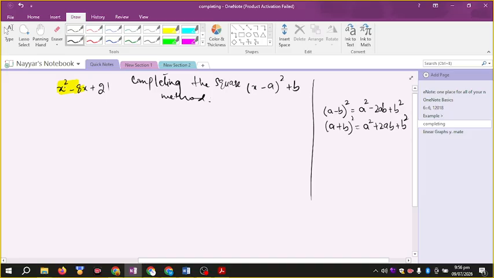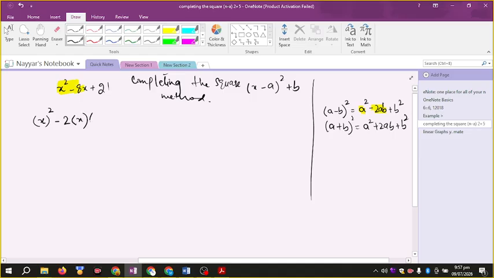The very first step: as you can see, this is x square, so we have to make the first term a perfect square, so I can write it down like this. Now this is a minus sign, so I'll go with the formula a square minus 2ab. We already know a, it's x.